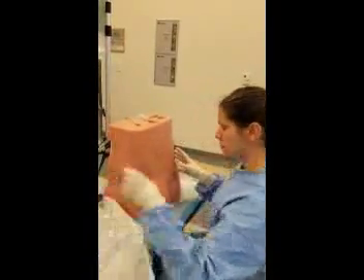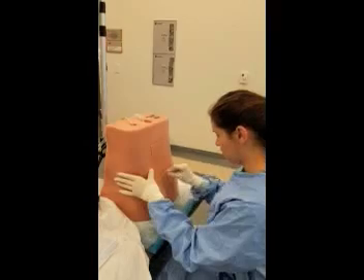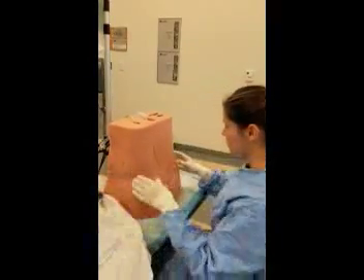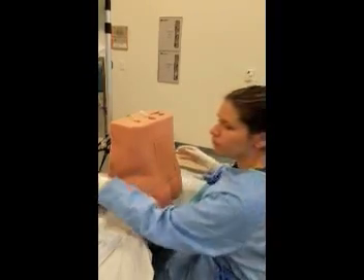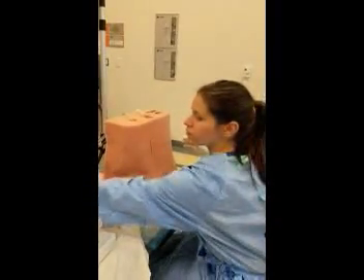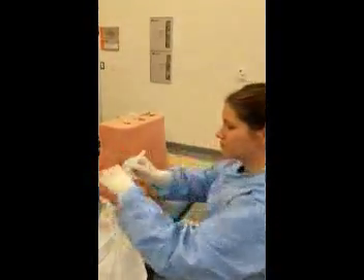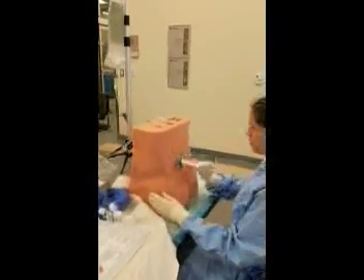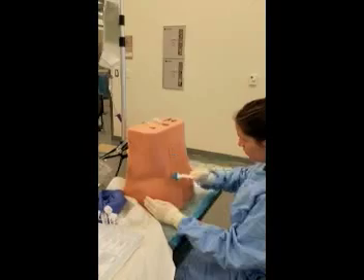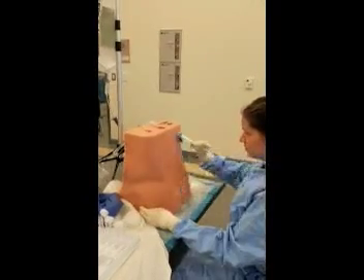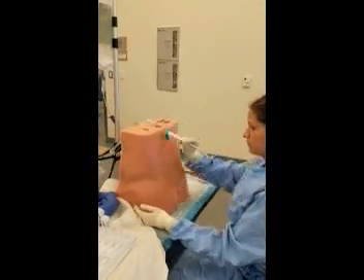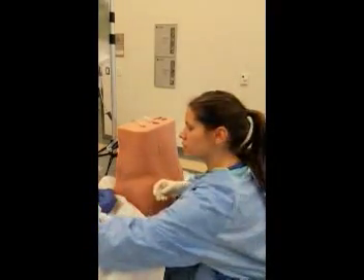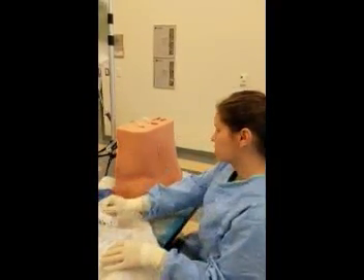Next, using sponge and skin cleansing solution, swab and clean the area using concentric circles, extending all the way over the iliac crests. This action is to be repeated 3 times using each of the sponges or swabs.